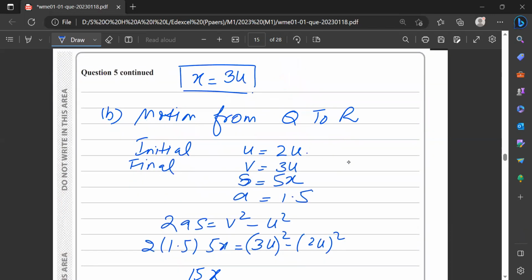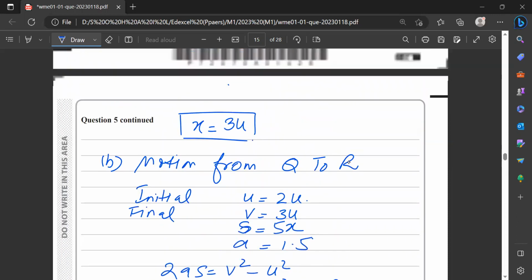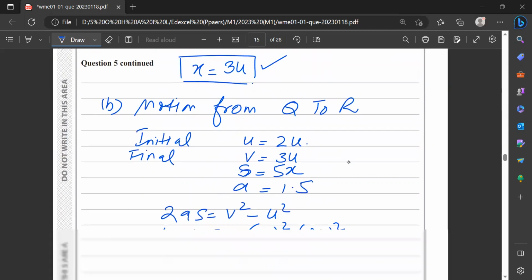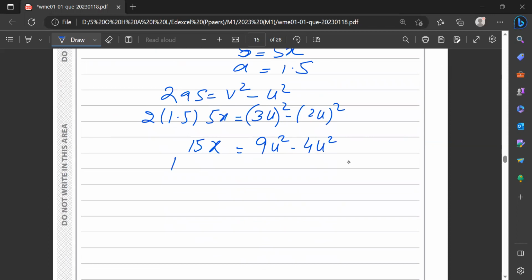Above here, the value of x is 3u. So 15x is equal to 9u squared minus 4u squared. The value of x is 3u. 15 into 3u is equal to 5u squared. 45u is equal to 5u squared.